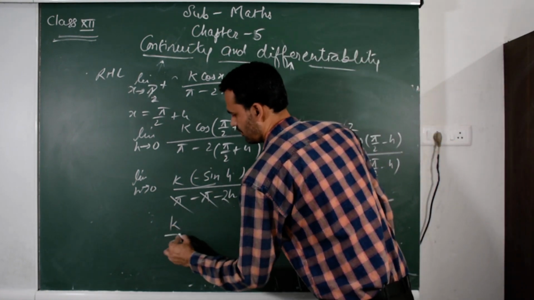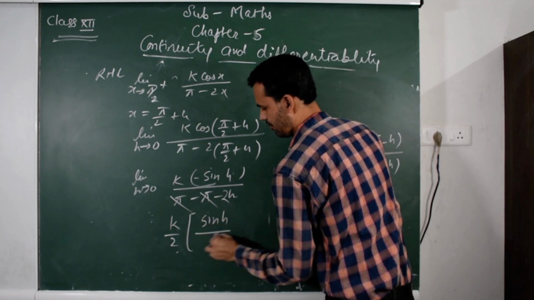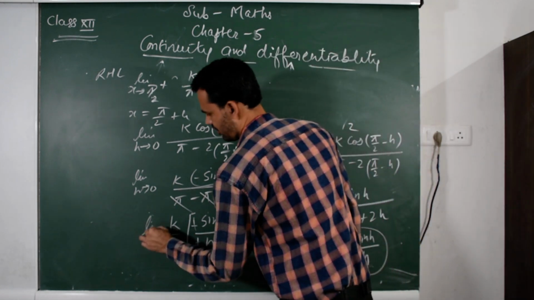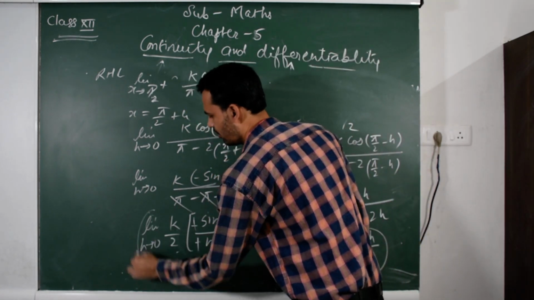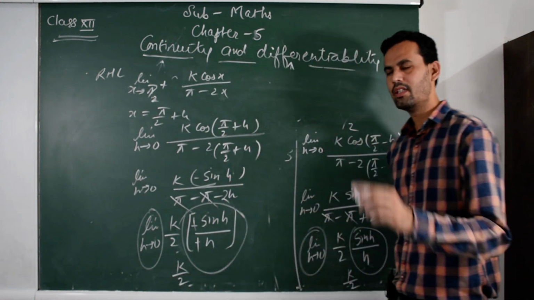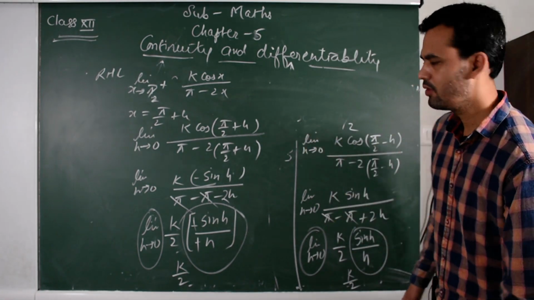So we take k by 2 and sin h upon h, the 2 cancels, and limit h tends to 0. We know this has value 1, so only k by 2 remains, and the function is given as a continuous function.